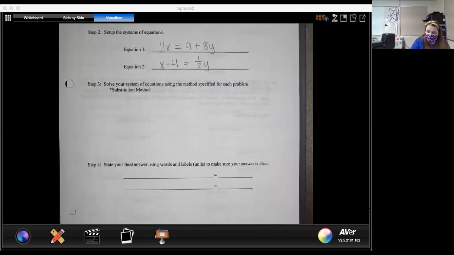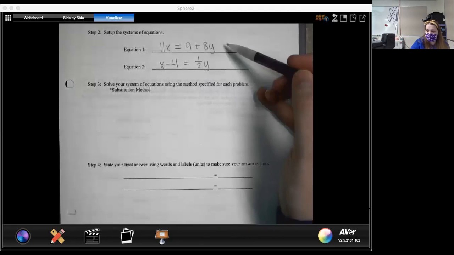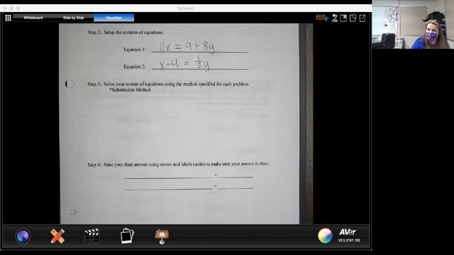So which equation are we going to solve for and which variable should we solve for? Based on our 2 equations, which one makes more sense to solve for substitution method? Which one would be easier? That's already a single variable. The second one, yeah. And which variable?